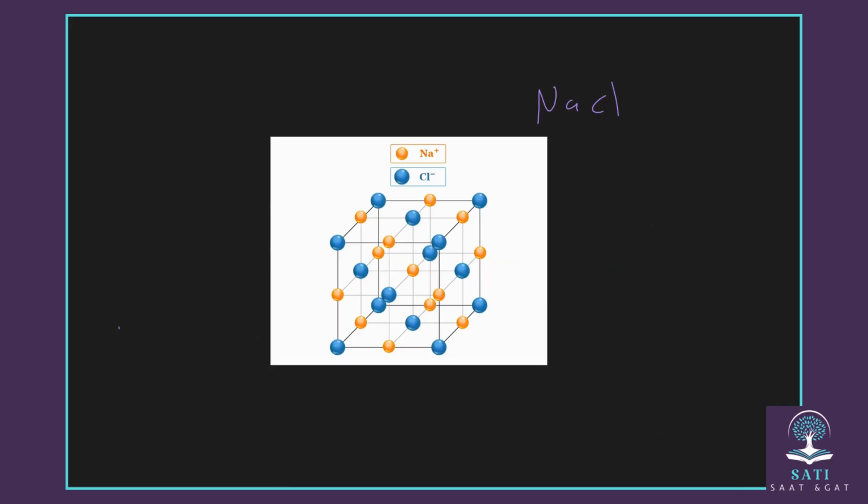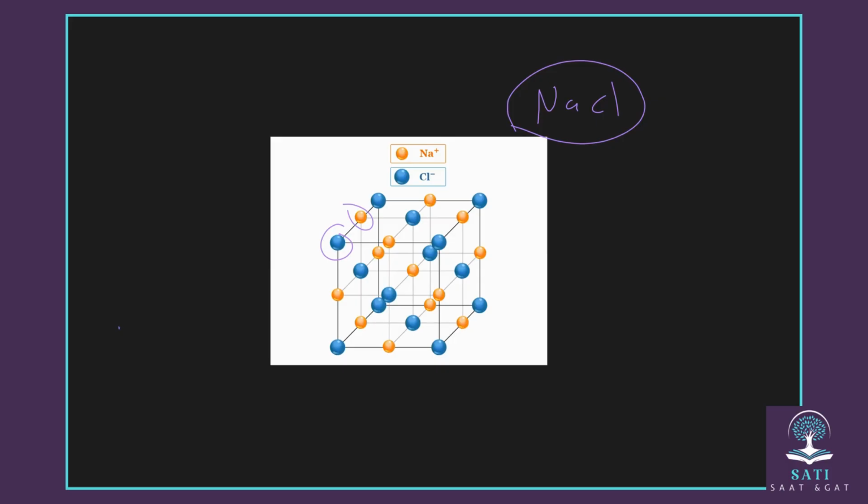Imagine I have 1 mole of NaCl, and I want to separate its ions, the ions of chlorine and the ions of sodium, apart from each other. I need energy in this case.